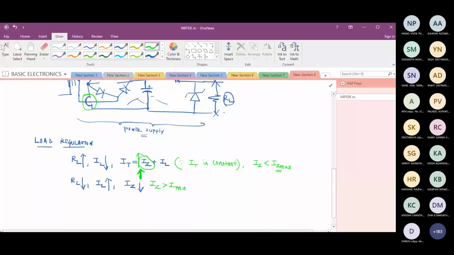If you ensure these two conditions, IZ greater than IZ min and IZ less than IZ max, for these RL values, when you increase or decrease, what will be V out? A constant value, we say. Is it okay?